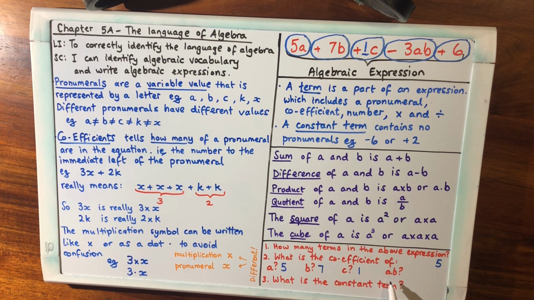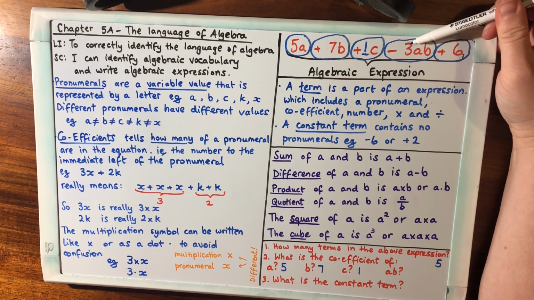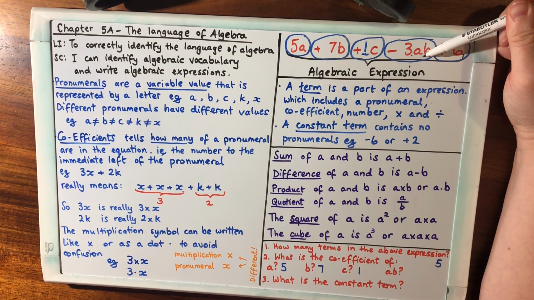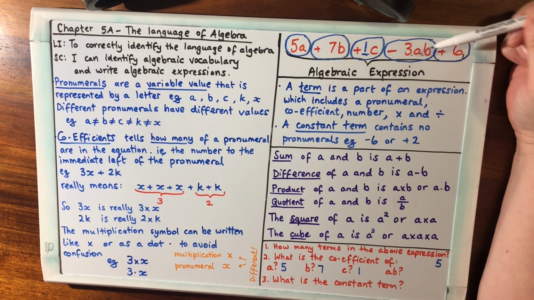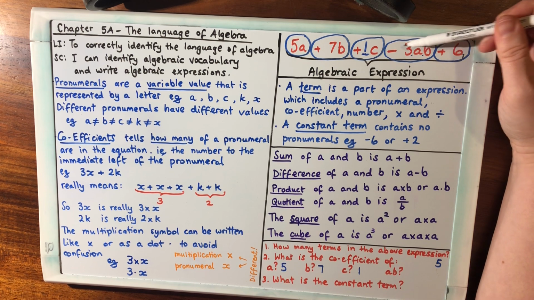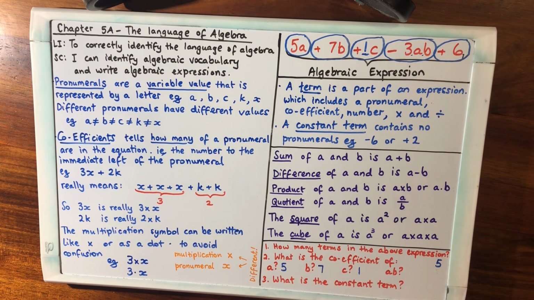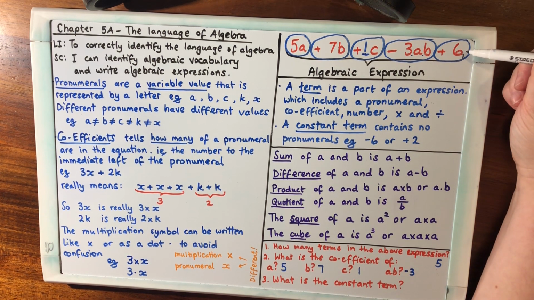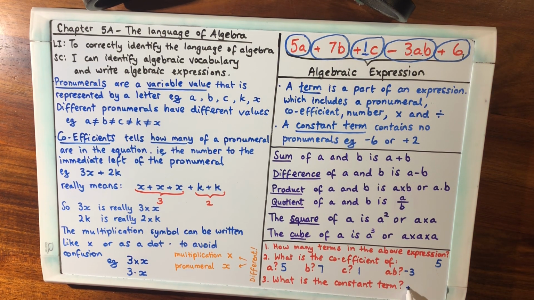You don't count it as 2 terms, it's still one term. But that means 3 times a times b. So the coefficient of the pronumeral ab is negative 3. And what is the constant term in this whole algebraic expression? The only one without a pronumeral is the number positive 6. So our constant term is positive 6.